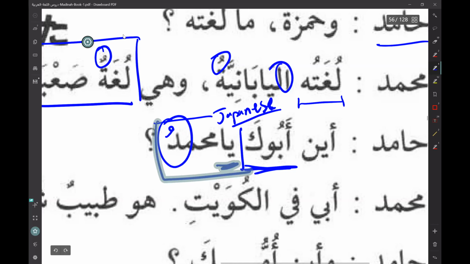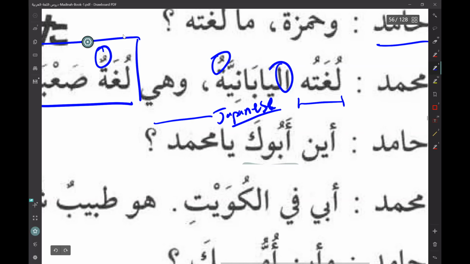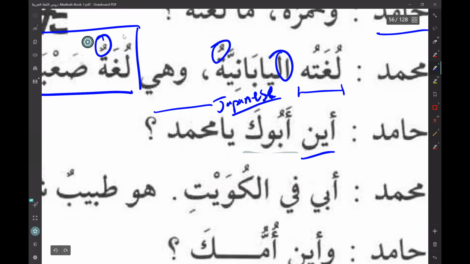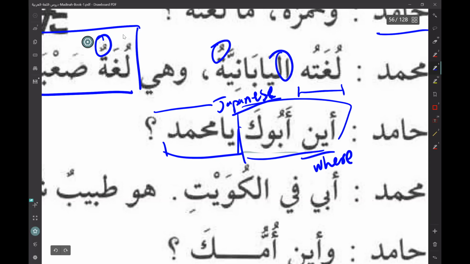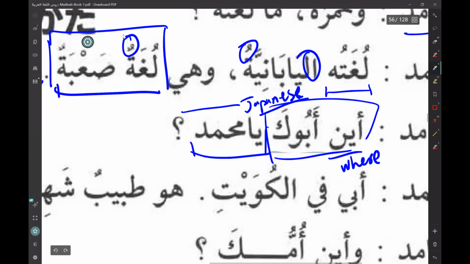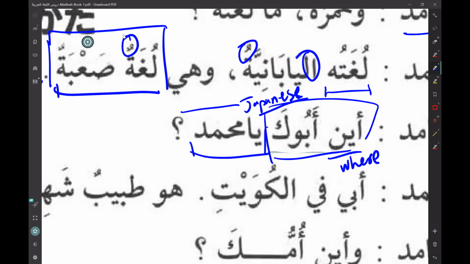Okay, but here something's interesting. Let's translate this one. Aina is what? Where, right? Abuka. This part we already know, O Muhammad. So where is what? What does Abuka mean? Who knows what Abuka means?